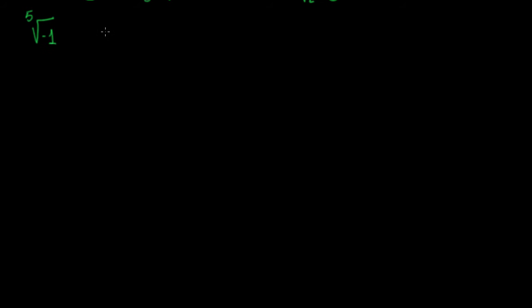Okay, the first step, as we all know, is to find the modulus, which here is very simple, it is 1, while the argument theta is the arctangent of 0 over minus 1, and we have to add pi in this case.